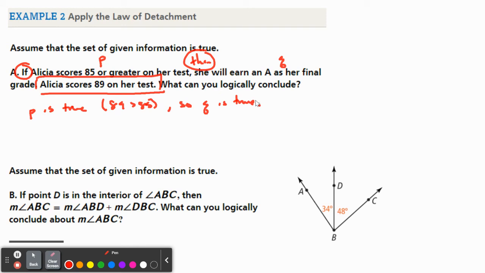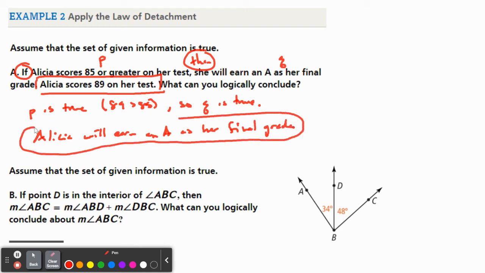The conclusion was the fact that she's going to get a final grade of an A. So that's what we're going to conclude: Alicia will earn an A as her final grade. And that's all because we were given a conditional and a true hypothesis, which leads to a true conclusion.